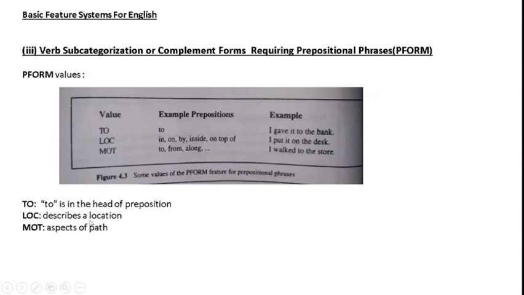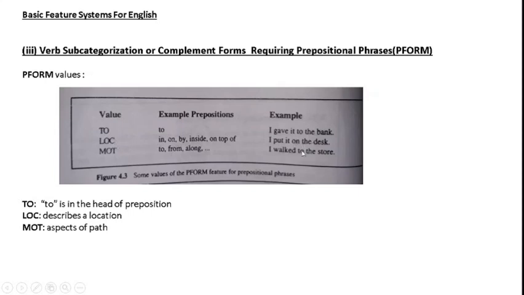We can see these things through an example. Take the sentence, I put it on the desk. This prepositional phrase is talking about a location, on the desk, right? The preposition used here is on, and it is talking about a location. So the P form value of the preposition on is LOC, because it talks about a location.